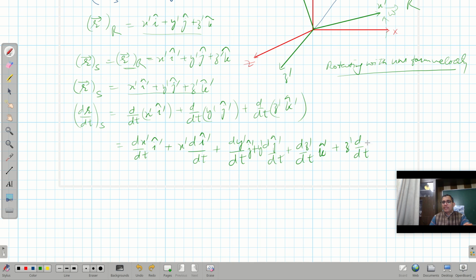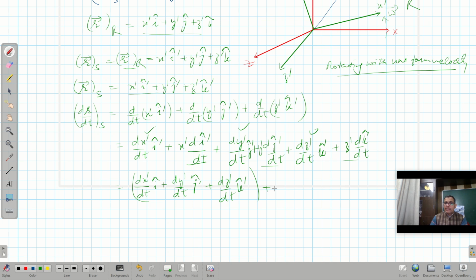Let me put it here. So let us put dx prime over dt i cap, then dy prime over dt j cap plus dz prime over dt k prime. Let us put these together and after that put the rest of the terms.